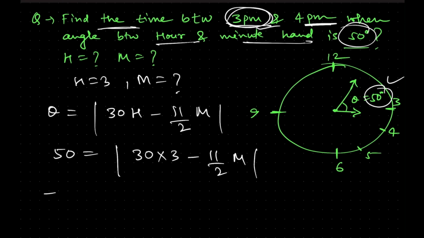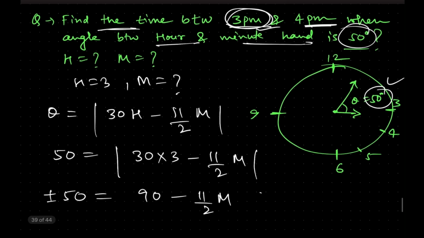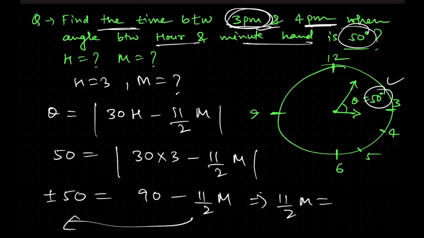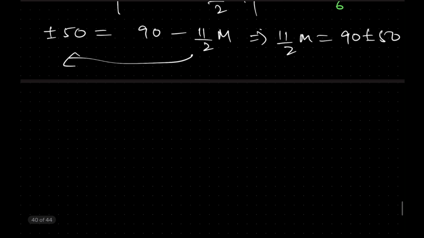If we remove the mod, plus minus 50 will come on this side: 90 minus 11/2 m. If we find 11 by 2 m from here, taking this side and this one the other side, 11 by 2 m is equal to 90 plus minus 50.